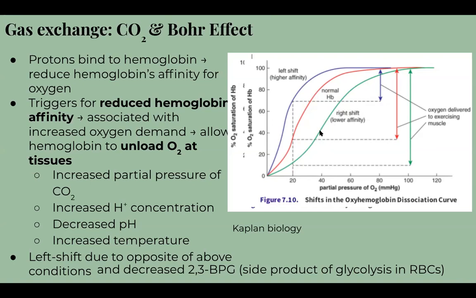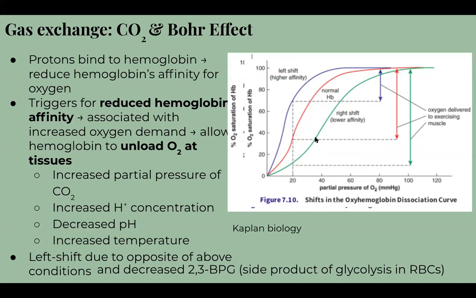And so under those conditions, even though it's the same partial pressure of oxygen, your hemoglobin will only be saturated 40% with oxygen. So that's a huge shift regardless of the same partial pressure. Under normal conditions, it'd be 80% saturated, but hemoglobin's only 40% saturated. So that's how to think about these.